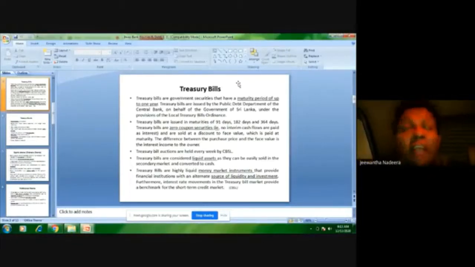Liquidity means that you can realize it at insignificant losses. Liquid instrument, right? Money market instrument, auction based, risk-free rate. The government is issuing it at a risk-free rate.